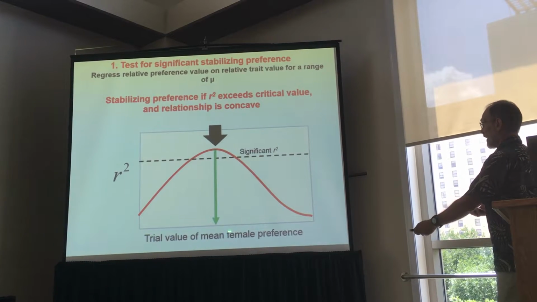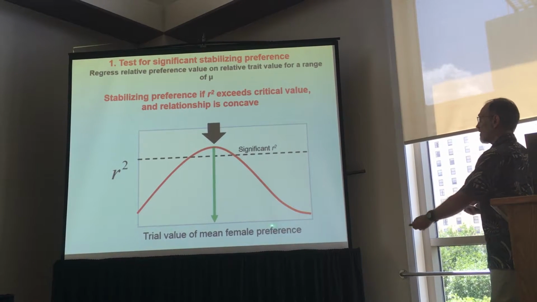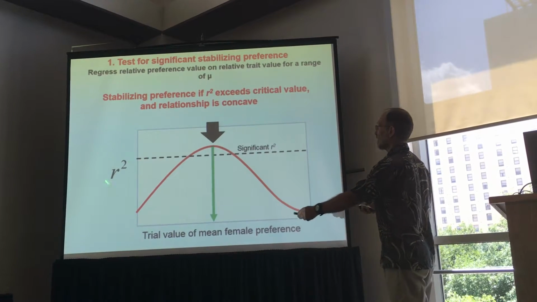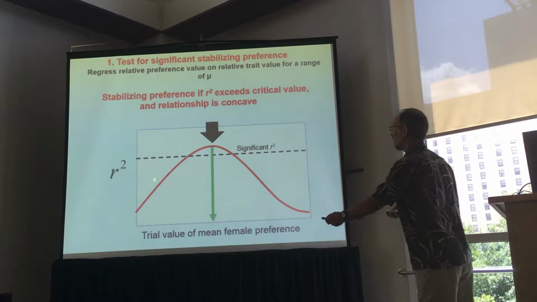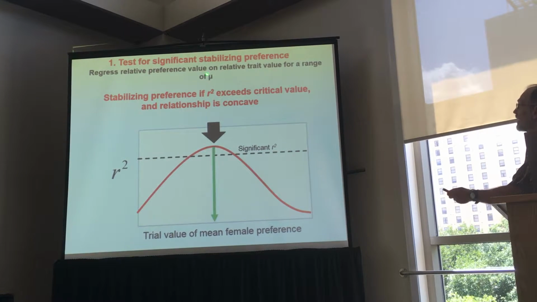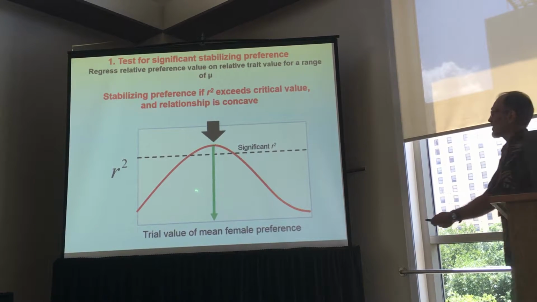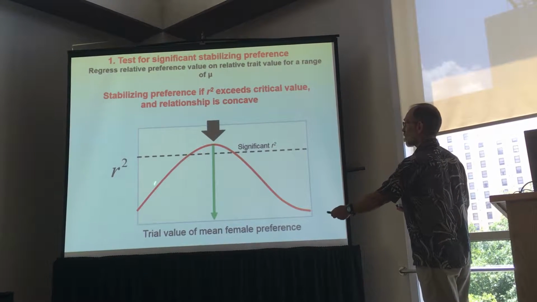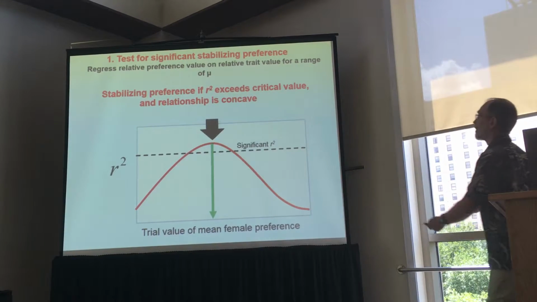And so this then is, on this axis we have the trial value of all of those mu's. Here we have the correlation squared, and what we expect if we've got stabilizing selection is that as we move away from that value, the R-square value should drop off.